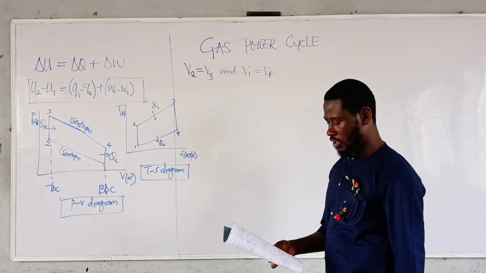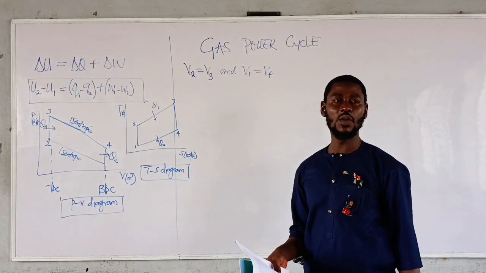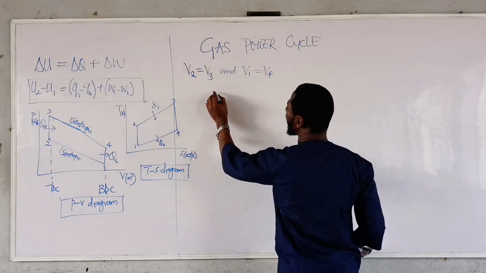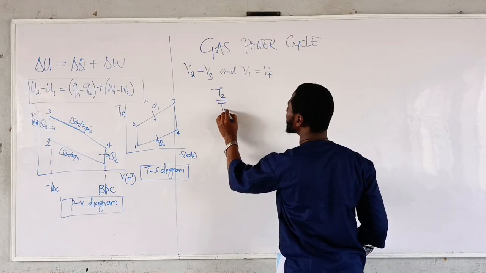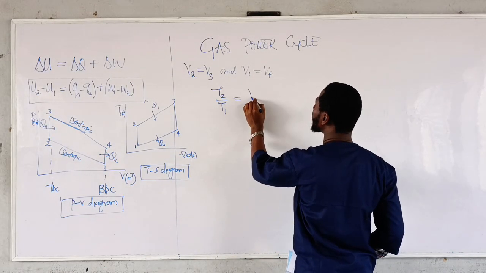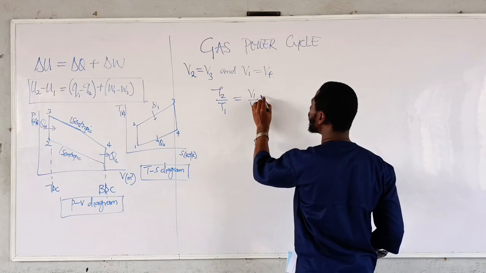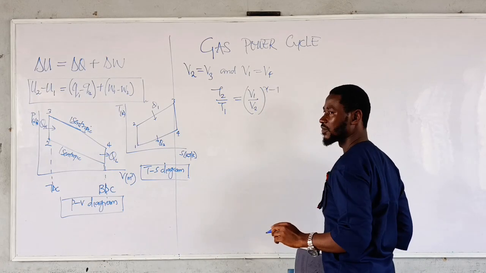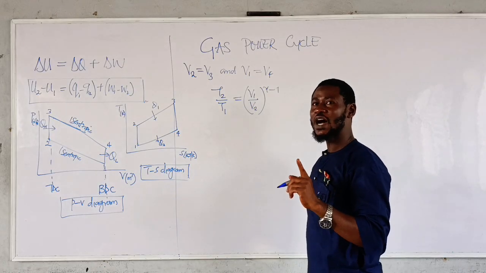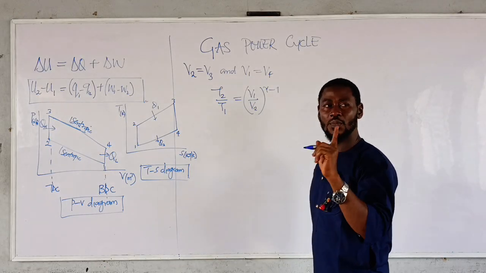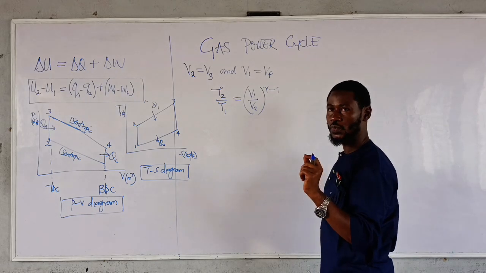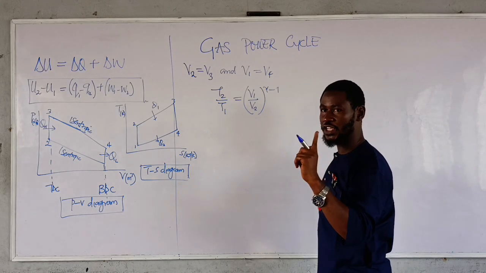Now, let's look at the isentropic compression process. T2 over T1 equals V1 over V2 raised to the power of gamma minus 1. Note that we have defined the compression ratio as V1 over V2.